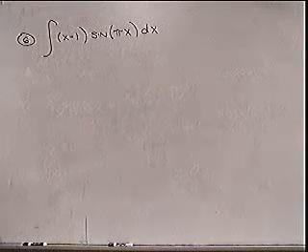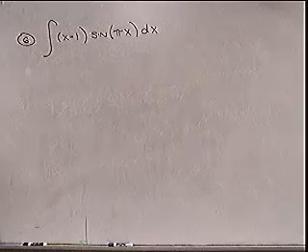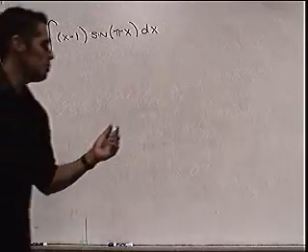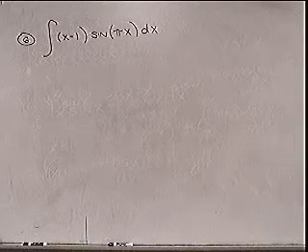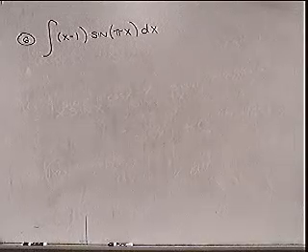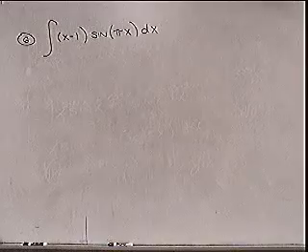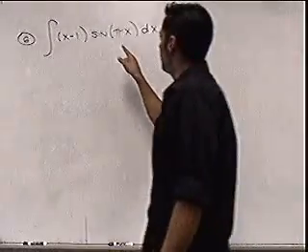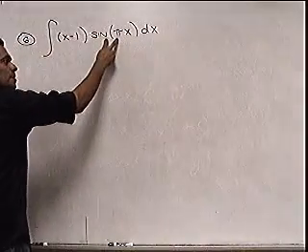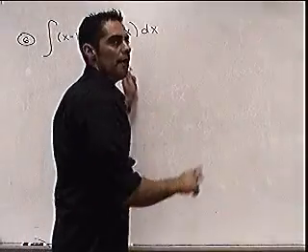So what would you want to choose for your u, and what would you want to choose for your dv? All right, we need to pick a u and a dv. Sine pi x for u, and then what's the derivative of that? Let's follow this.